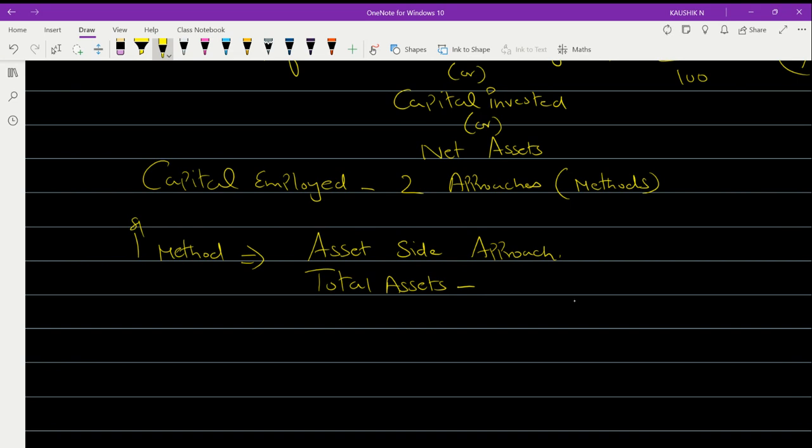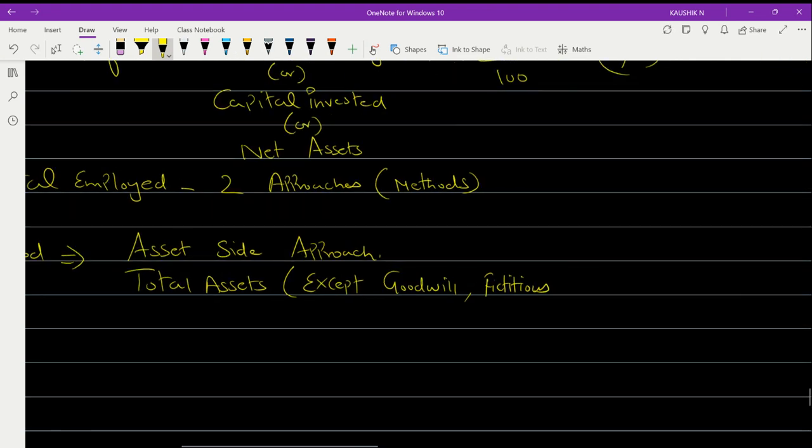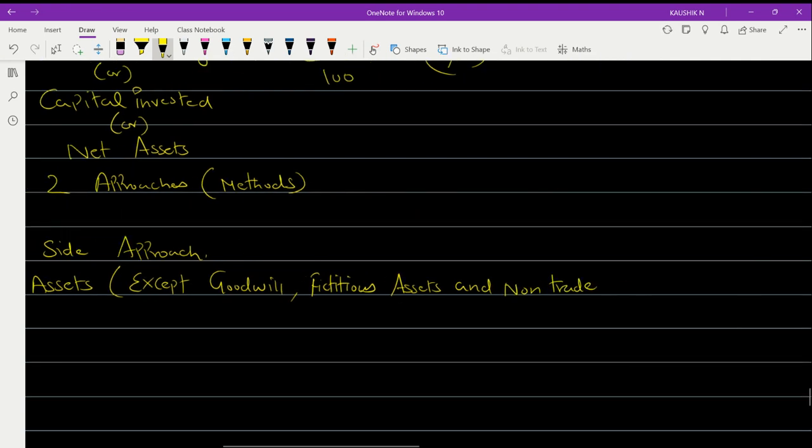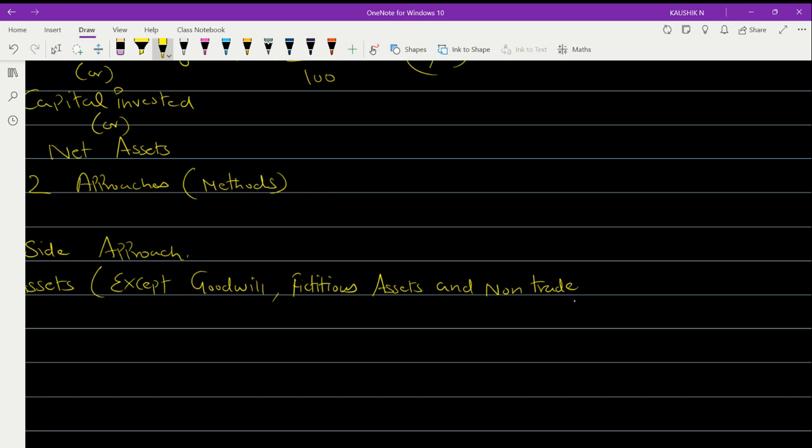Total assets minus, but when I say total assets, there are some exemptions. Total assets except goodwill, fictitious assets and non-trade investments.